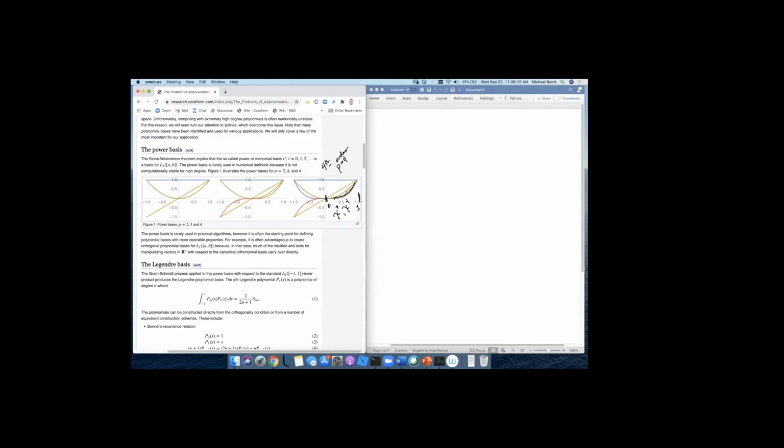As the polynomial degree goes up, these functions begin to closely approximate one another, and that leads to what we call numerical linear dependencies.